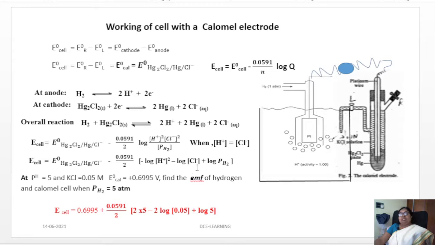Then log of Cl minus concentration plus log of H2, which means it acts as an oxidation of hydrogen, what we call the hydrogen sheet. So this is the last, actually this is the E cell, the EMF of the cell with respect to the calomel electrode.